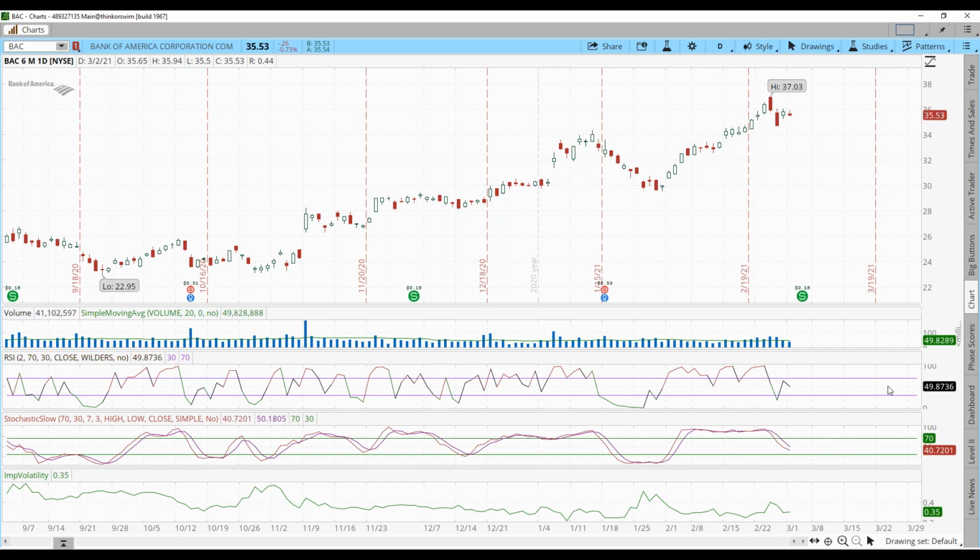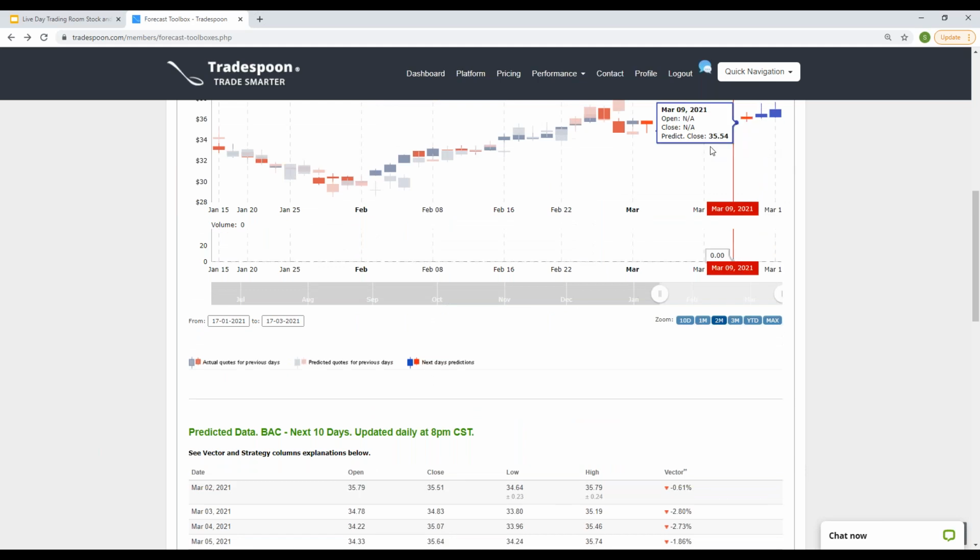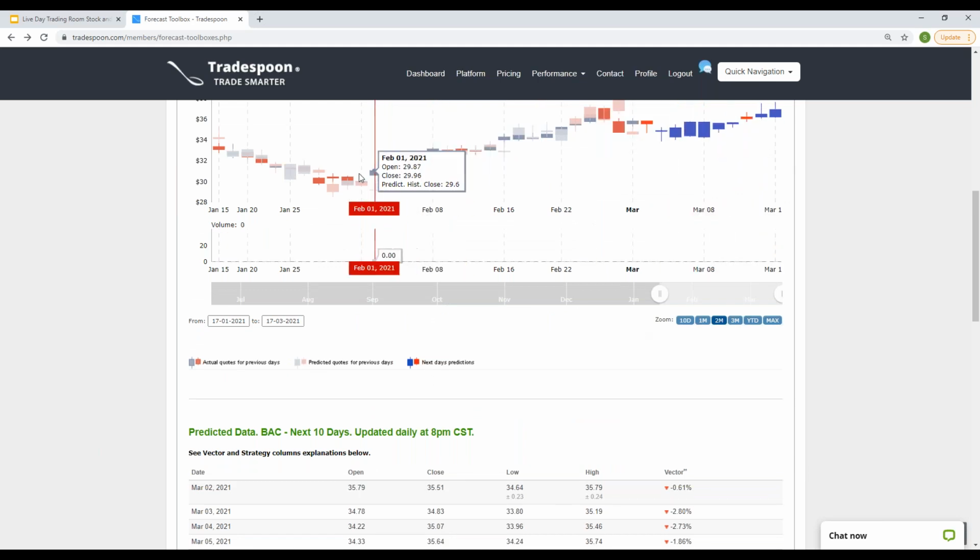Okay, Bank of America. What do we know about this stock? Well, let's pull up and start getting a little bit of help here. If we catch it down at the bottoms, I'm just going to start getting a sense of the moves. I'm going to look back as well.